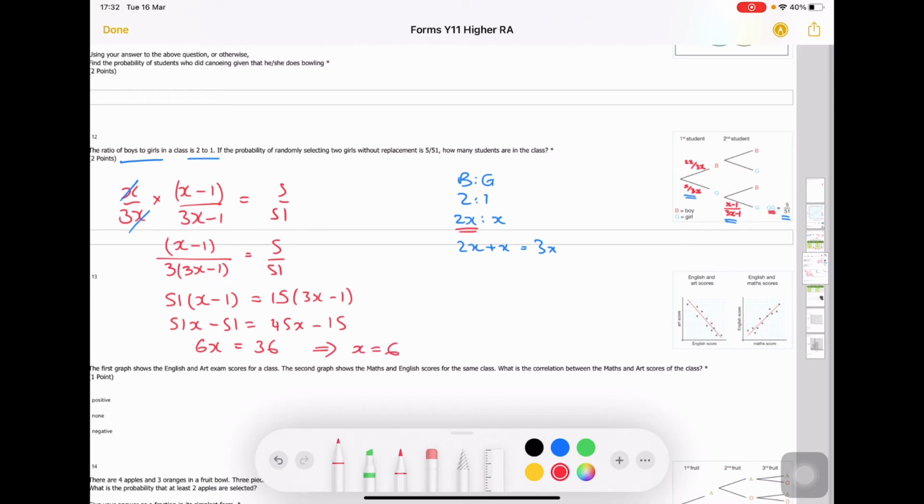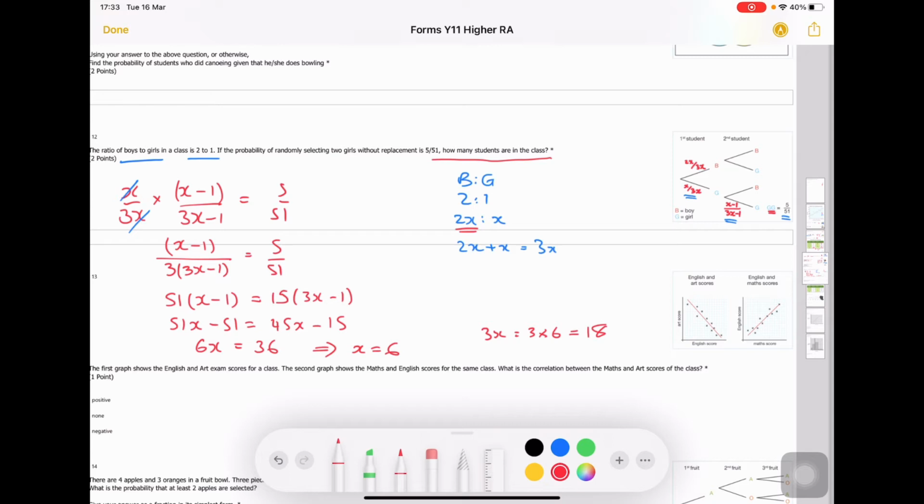And if x equals 6, how many students are in the class in total? 3x is how many students are in the class in total. So 3 multiplied by 6 is 18.